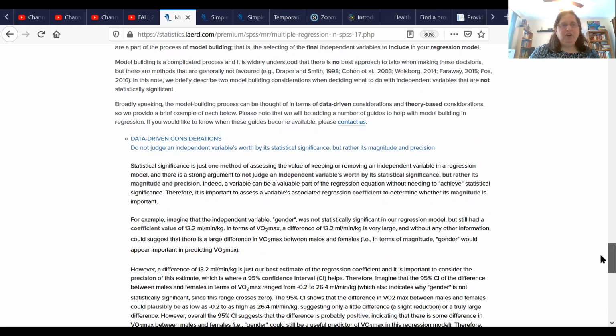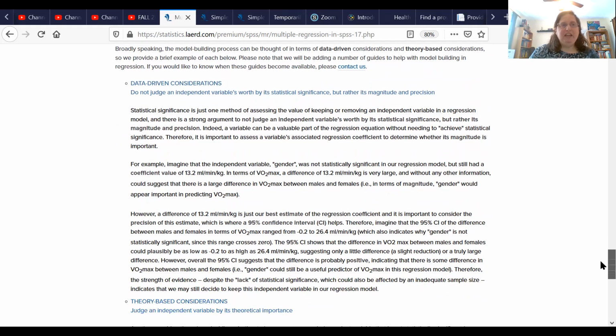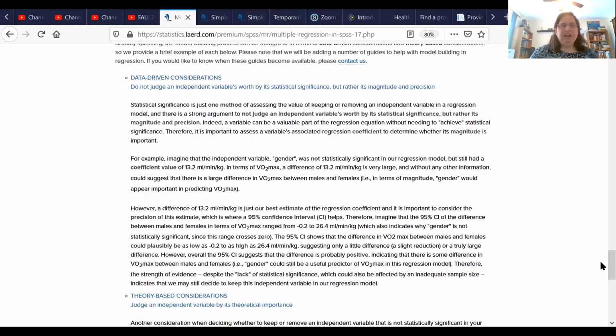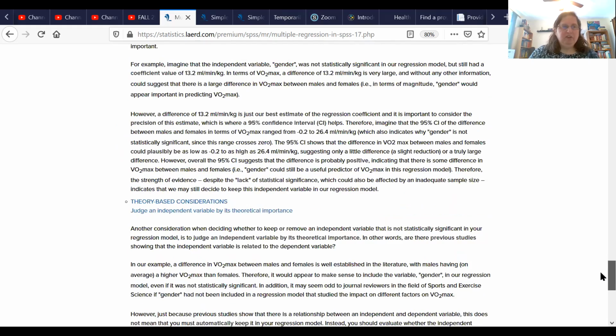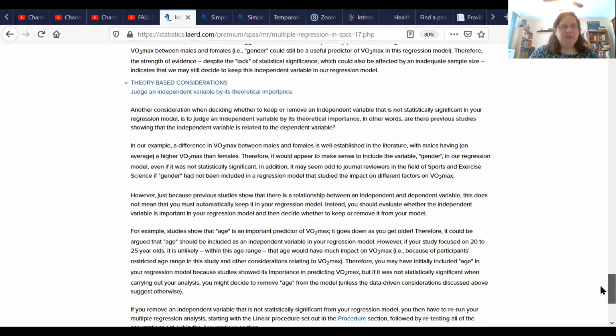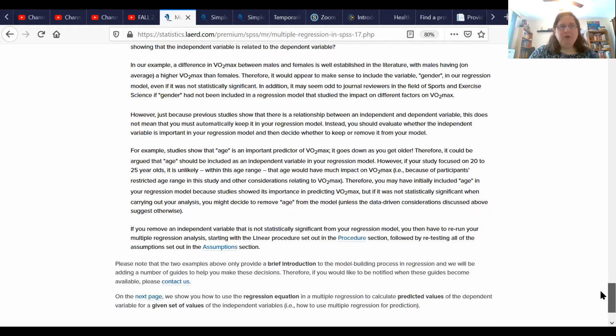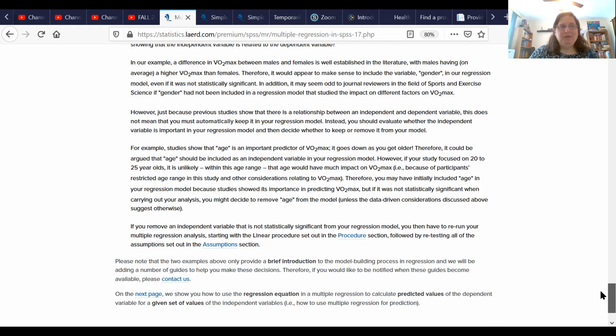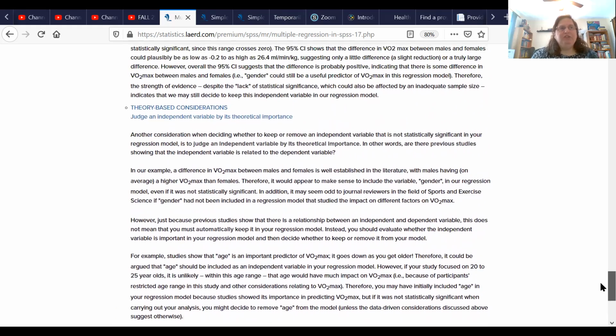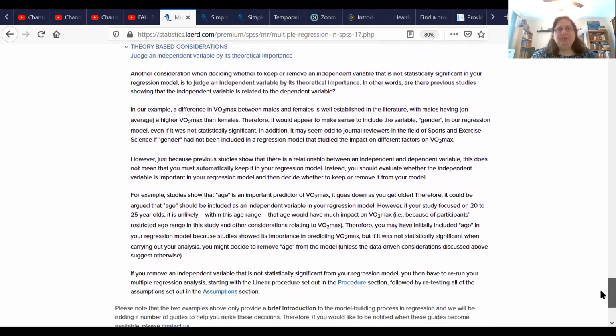It's basically about whether you want to use data to help you decide what's really important or not important for including in your model. Do you want to use theory-based considerations? Do you want to use both? I would take a look through that and certainly let me know if you have any questions about it.